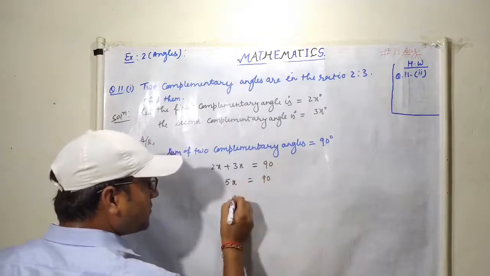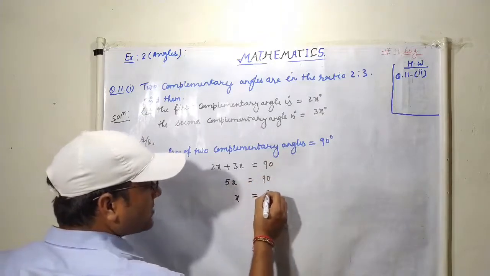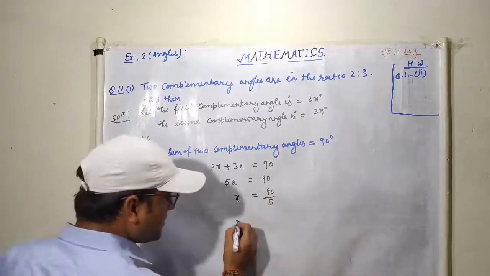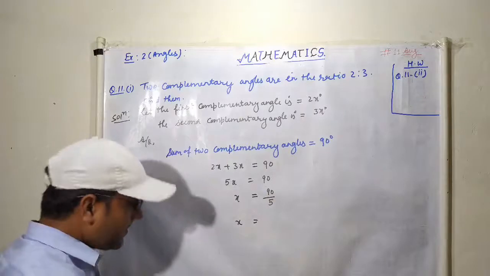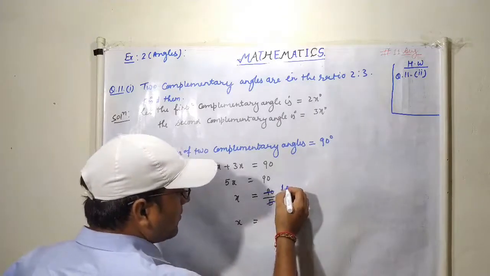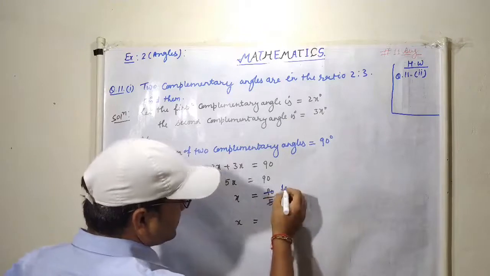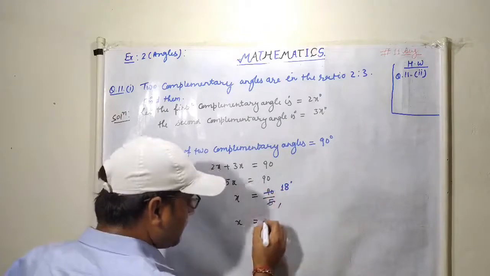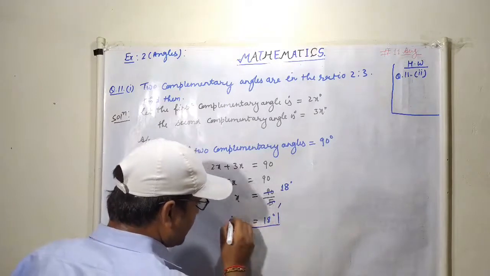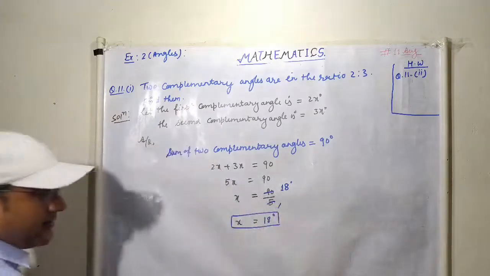Now 5 is in the form of multiplication, it goes to this side, multiplication changing to division. Cancel this, x is equal to 90 by 5. 5 1s are 5, 5 8s are 40, so you will get 18 degree. The value of x is 18 degree.